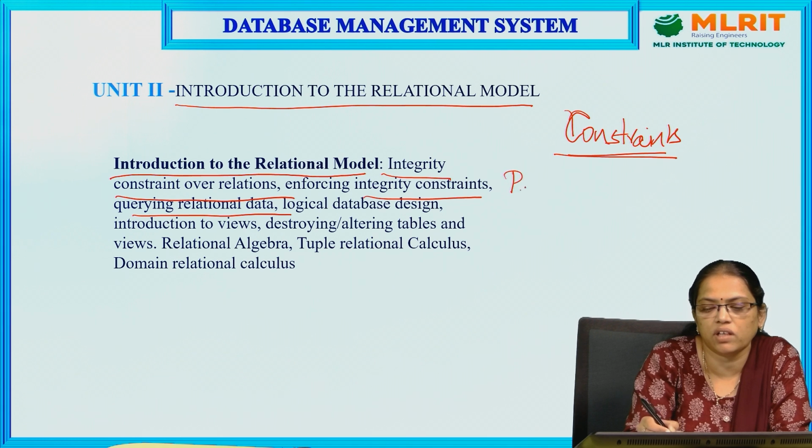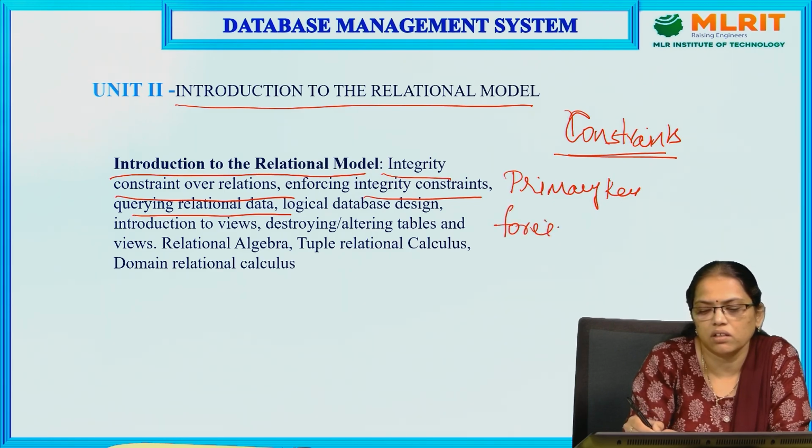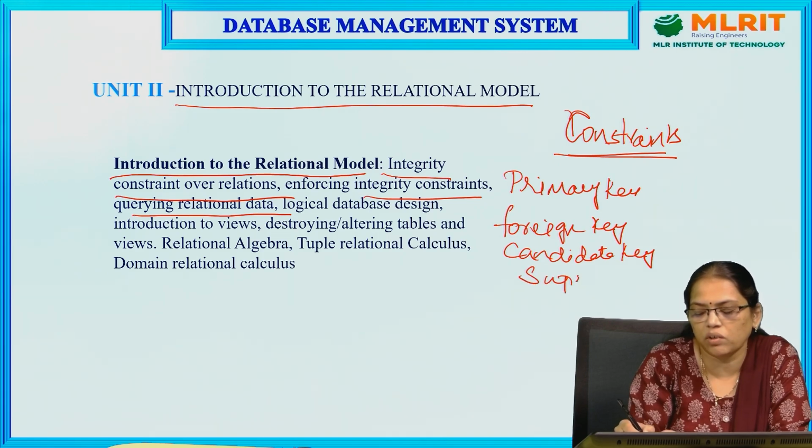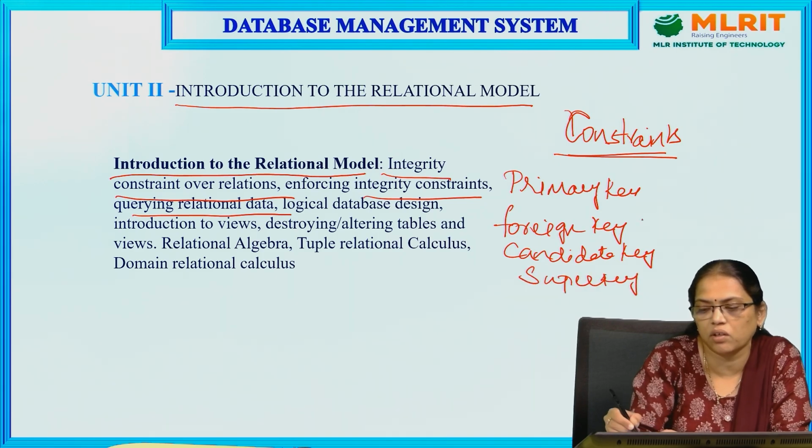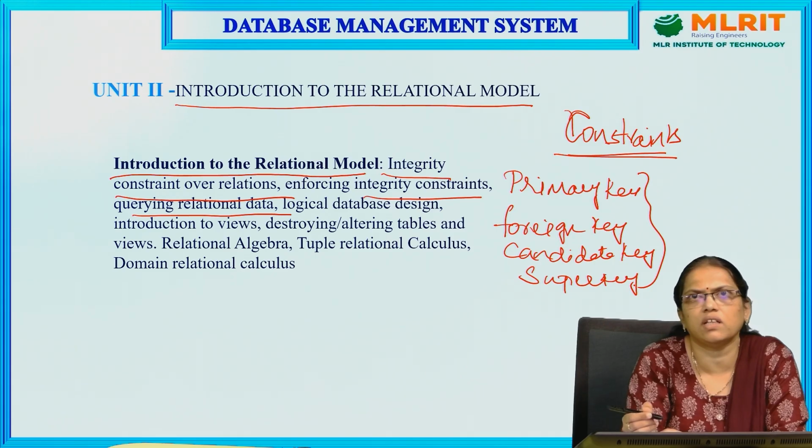We have different types of keys like primary key, foreign key, candidate key, super key. All these keys form the integrity constraints. So, in this unit, we will discuss the different types of keys and how they are related.